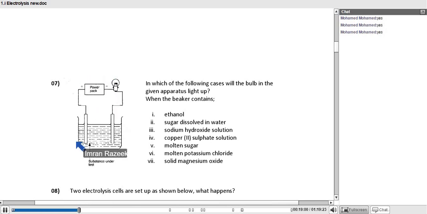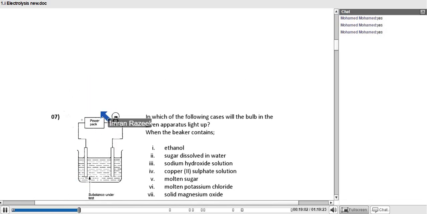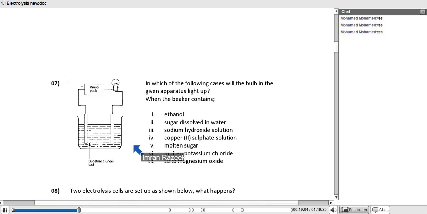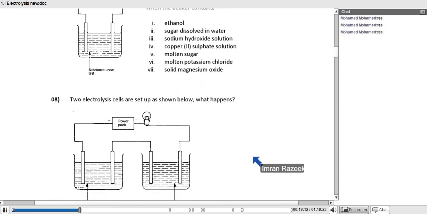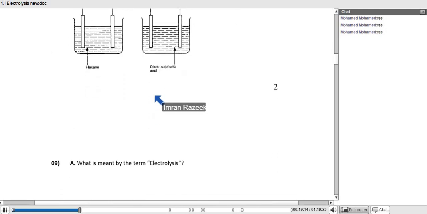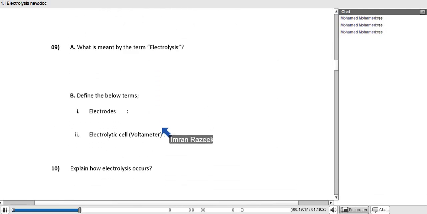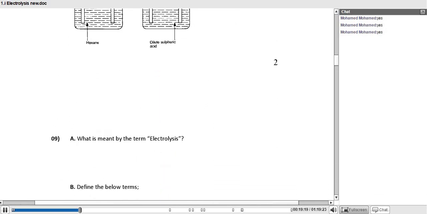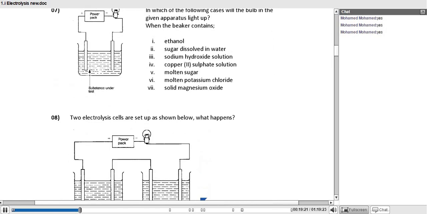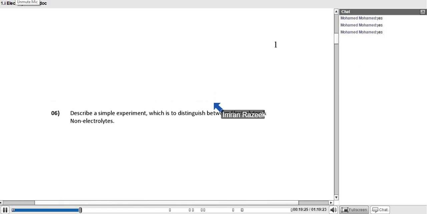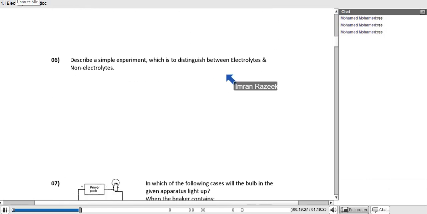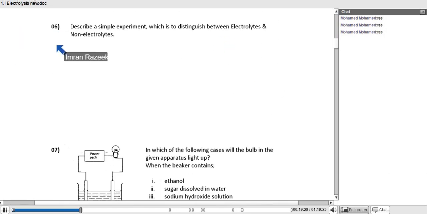This apparatus setup is known as the electrolytic cell, or in short we say voltameter. Not voltmeter, which is used to check the voltage difference. Rather, this is the voltameter, or the common name, electrolytic cell, right?